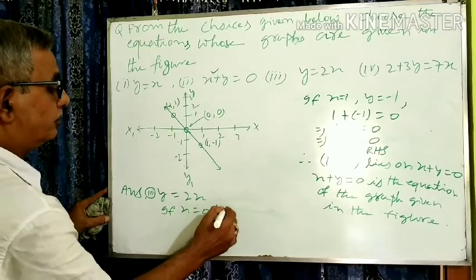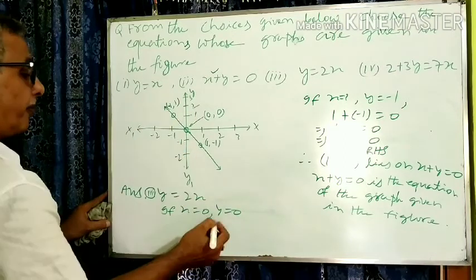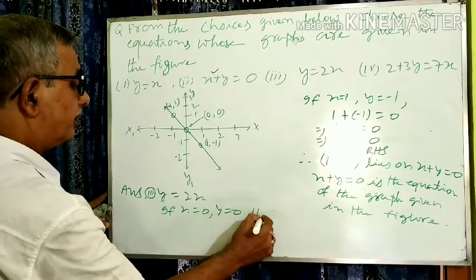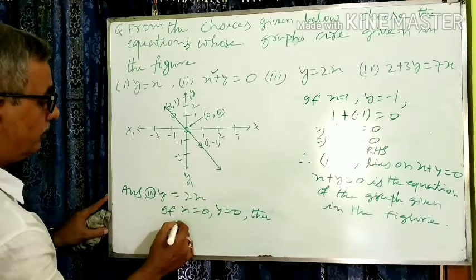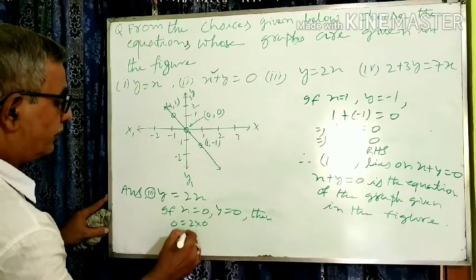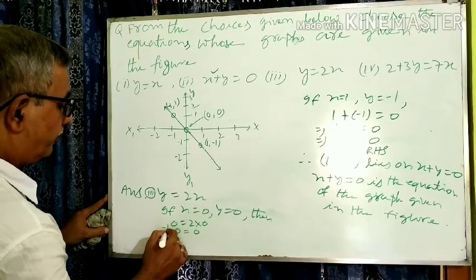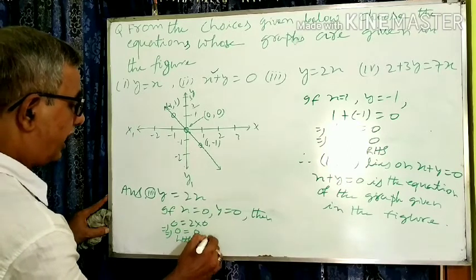You could have taken this point also, any 2 points. Then you tell what happens. Instead of y, 0. 2 into, instead of x, 0. So 0 is equal to 0. LHS is equal to RHS.